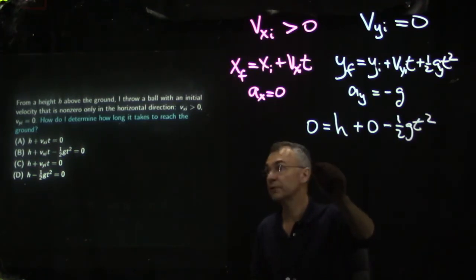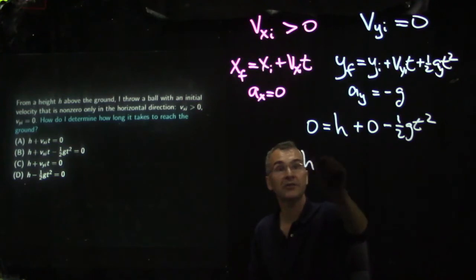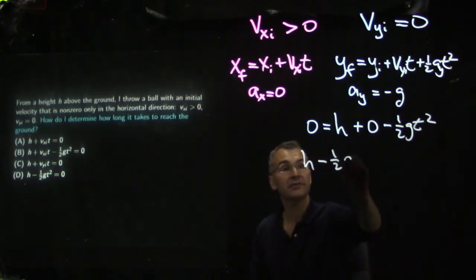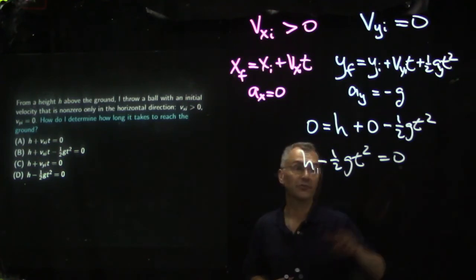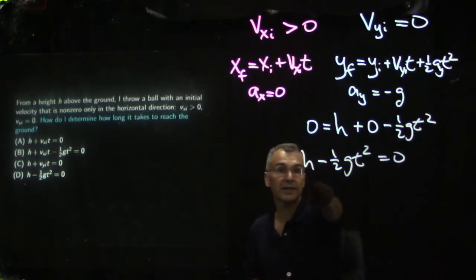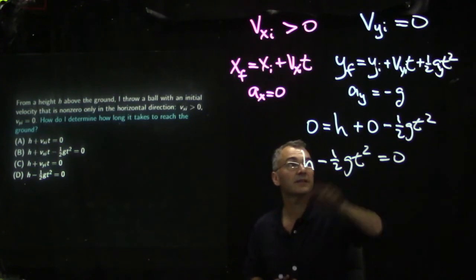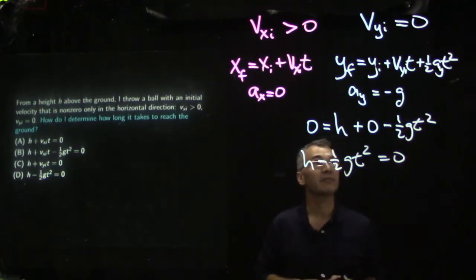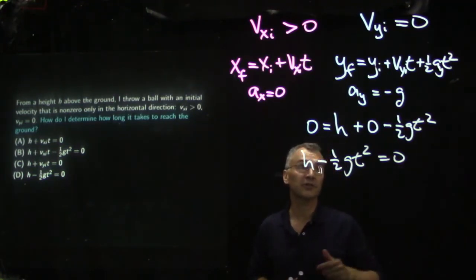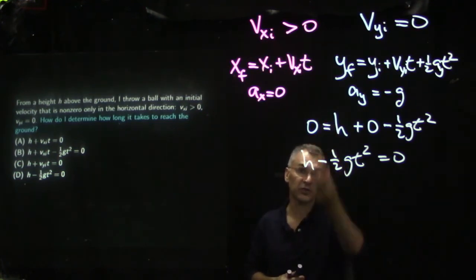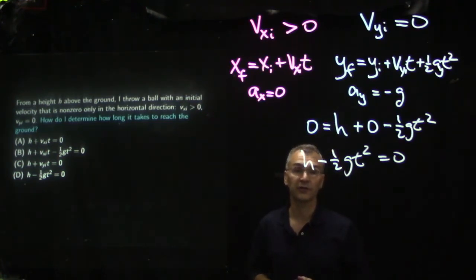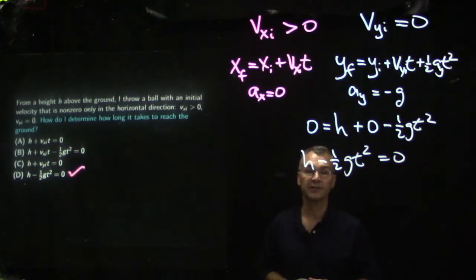So I guess we would say h minus 1/2 gt squared equals 0. In other words, y final is 0, y initial is h, and the acceleration is minus g, so the minus 1/2 gt squared indicates its fall under the constant force of Earth's gravity. So I think I like answer D, Delta.